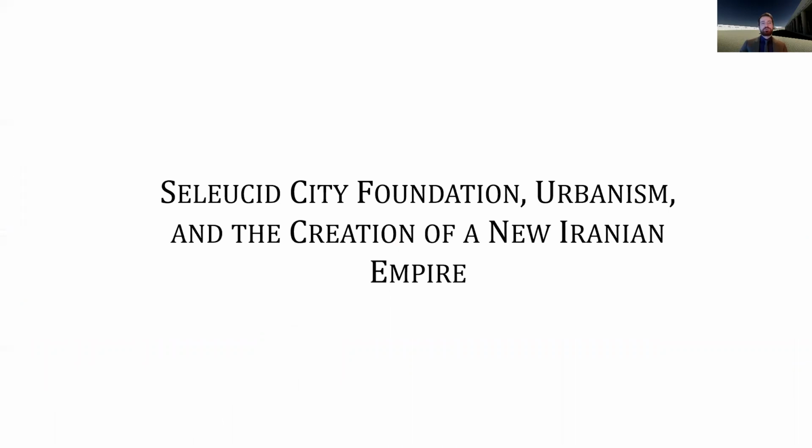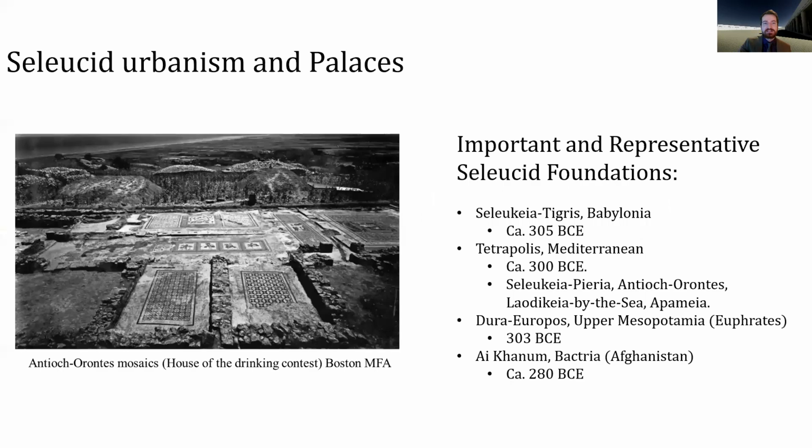So moving on to city foundation, this again is one of those important things as being a king entails. And as we've seen so many times before, founding cities is what kings do.